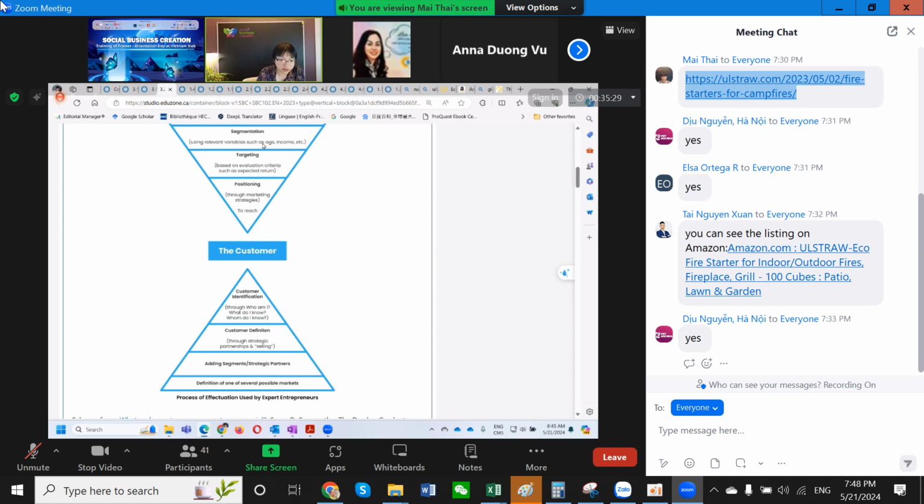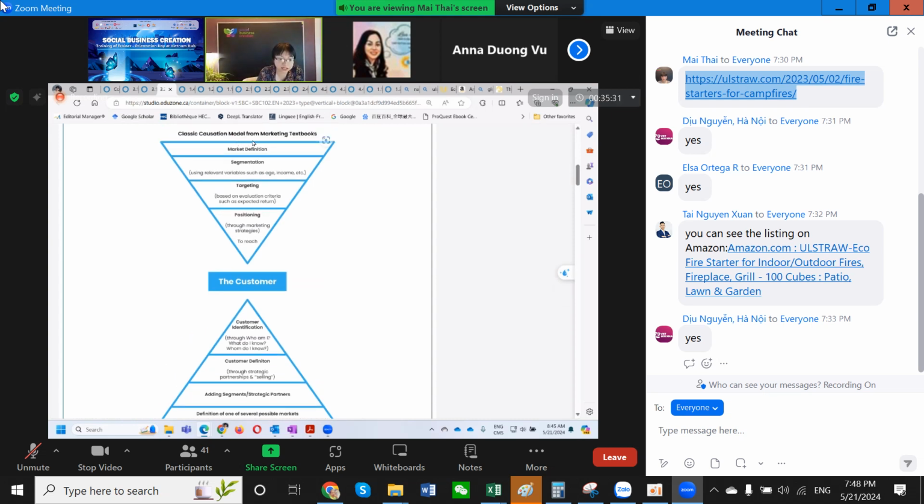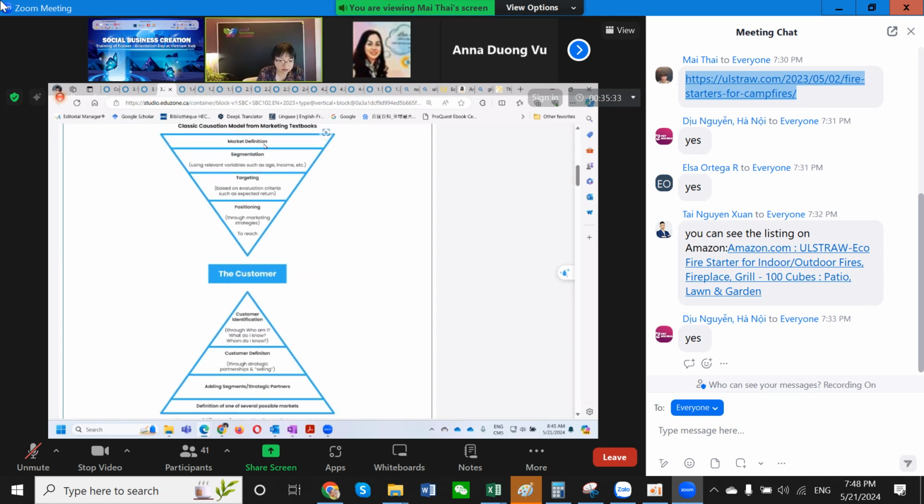So you have to determine where you are going to sell your product, and in this market, then exactly what segment you want to sell, and then who you target, and then your positioning here, how you compare to other companies that are proposing to the same target.